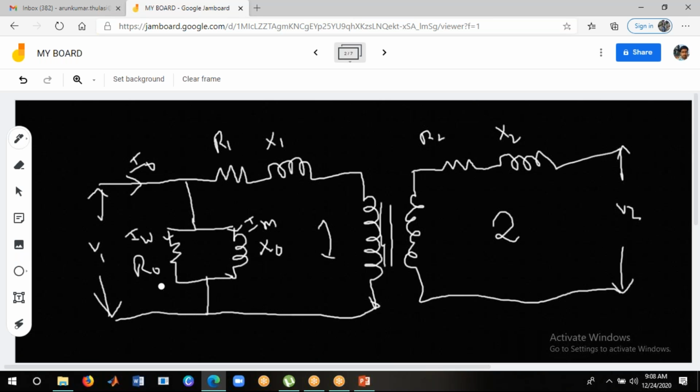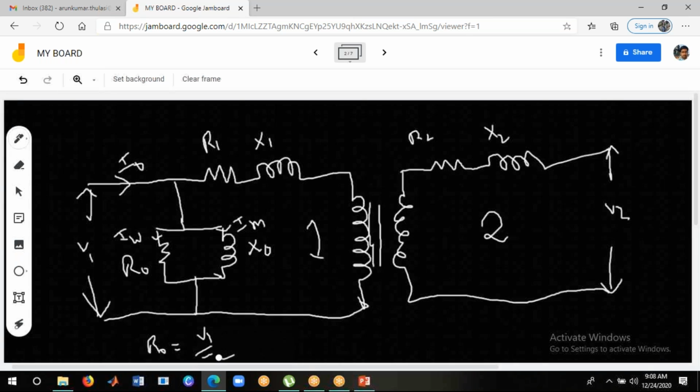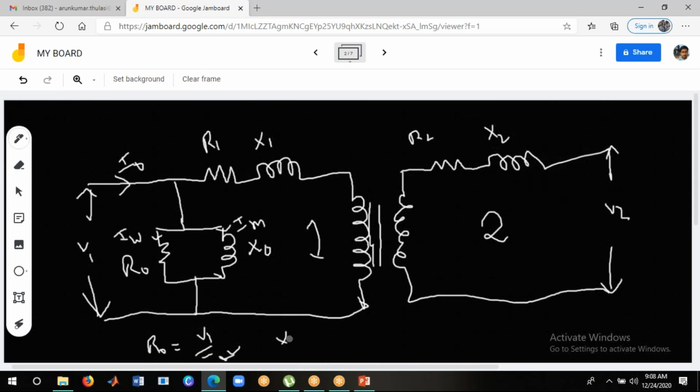To find these values, R0 equals V1 divided by Iw and X0 equals V1 divided by Im. You have already done this problem in the OC and SC tests, right? Here I0 is flowing and splitting into Iw and Im.